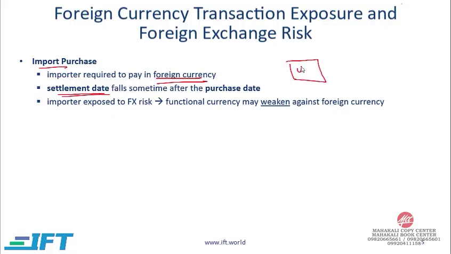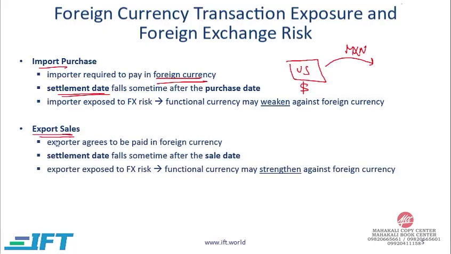So going back to my example, if we have a United States based company, then we are assuming that the presentation currency and the functional currency is the dollar. This particular company imports goods from Mexico and needs to make a payment in Mexican peso at a later point in time. The risk here is that the Mexican peso appreciates, which is the same as saying that the US dollar, the functional currency in this case, weakens.